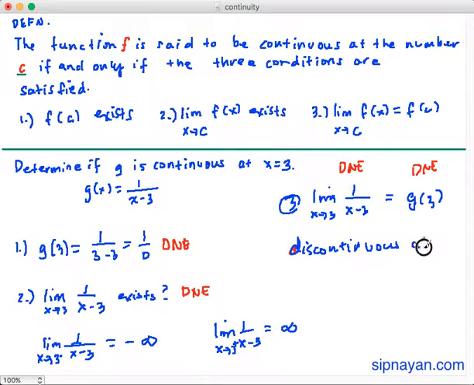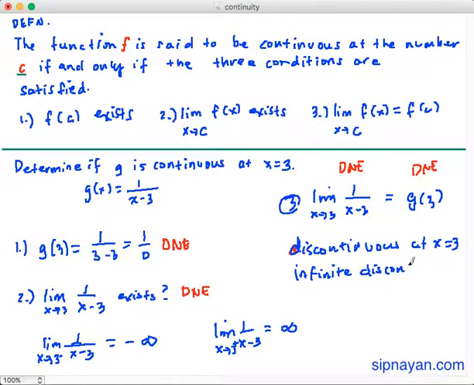In fact, ang tawag natin sa klase ng discontinuity na to, kasi positive infinity tsaka negative infinity yung ina-approach niya sa x equals 3, ay infinite discontinuity.